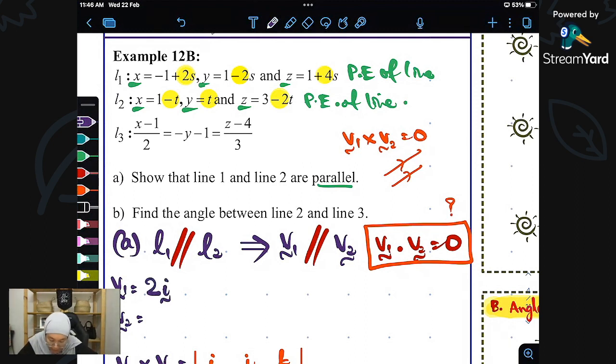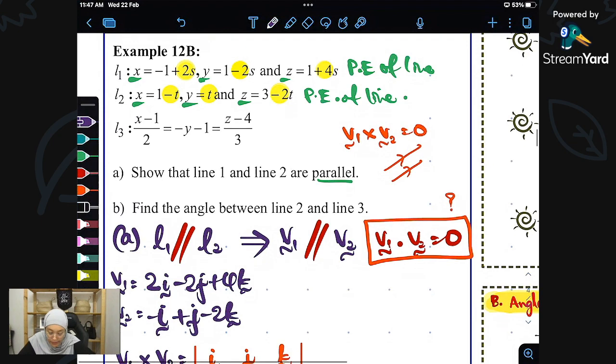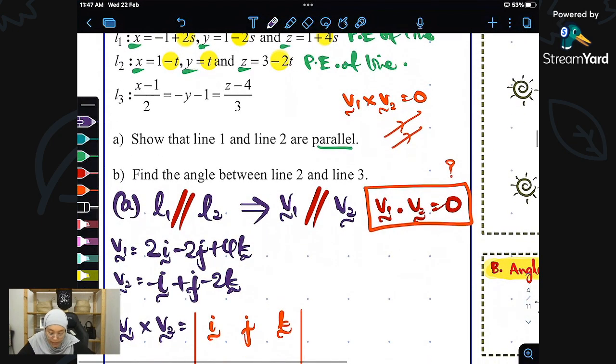Nah, itulah cara saya bila dah lama-lama buat, kita terus nampak 2i minus 2j plus 4k. Manakala yang ini adalah negative i plus j minus 2k. So basically we already got our V1 and V2.